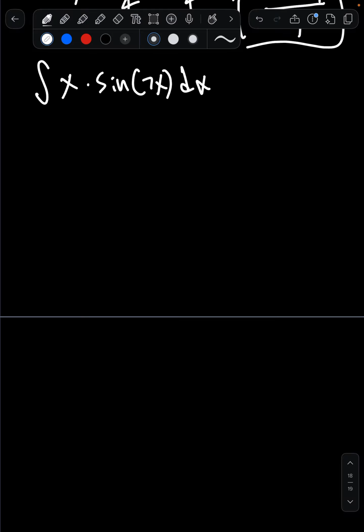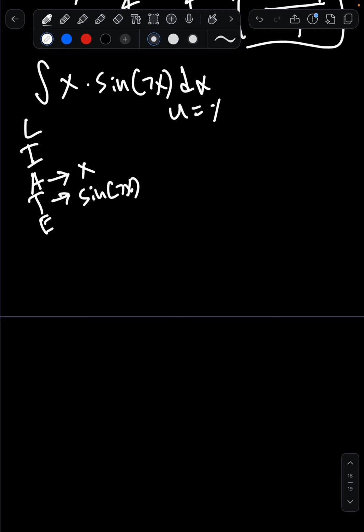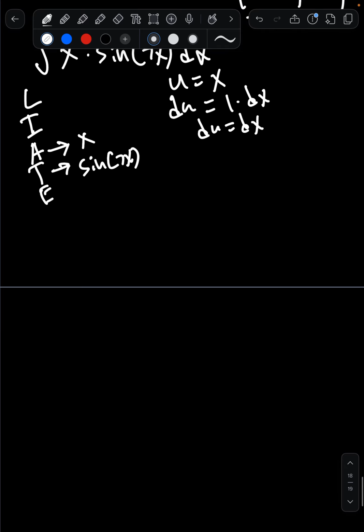So we know that we use the acronym as seen here. We know that x falls as algebraic, and the trigonometric is sine 7x. So algebra wins, and it gets to become u. So u equals x. Taking the derivative of u, we get 1 times dx, which is just du equals dx. Now we have dv, which equals sine of 7x.